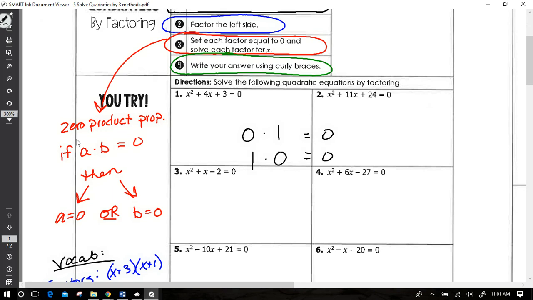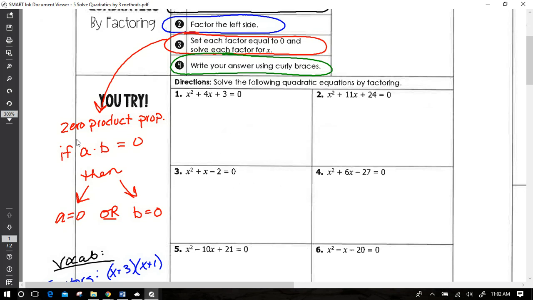Could I ever have any other number other than 0 for one of my options? And the answer is no. One of these two numbers has to equal 0 in order for their product to be 0. So we use this knowledge, knowing at least one of them has to be equal to 0, and we test them both.